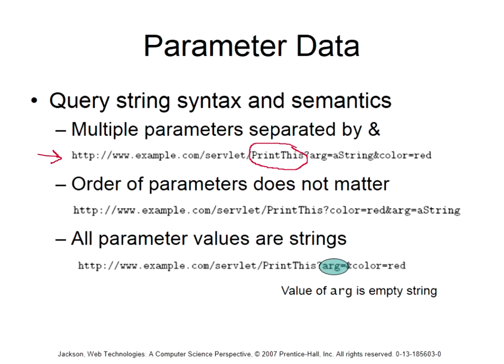How many arguments do we have here? This is the first argument, this is the second argument. The first argument is arg, the second argument is color. That means we want to execute PrintThis with the value of arg equal string and the value of color equal red. So the order of parameters does not matter and all parameter values are strings.